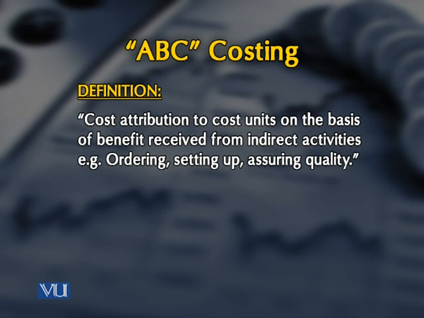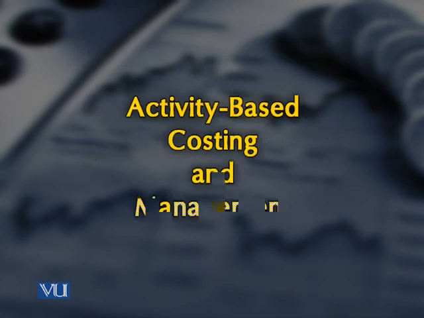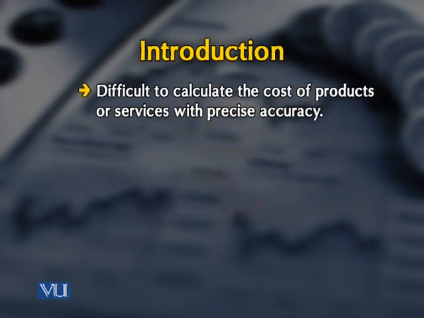And let me share another definition which is given by the very renowned professors Kaplan and Cooper. They said it is the collection of financial and operational performance information tracing the significant activities of the firm to product cost.